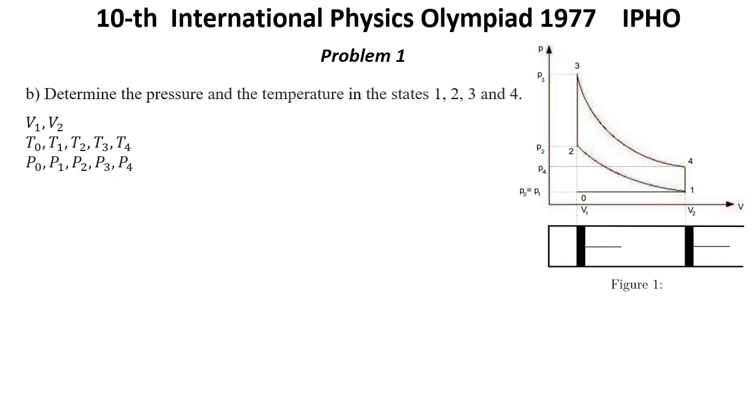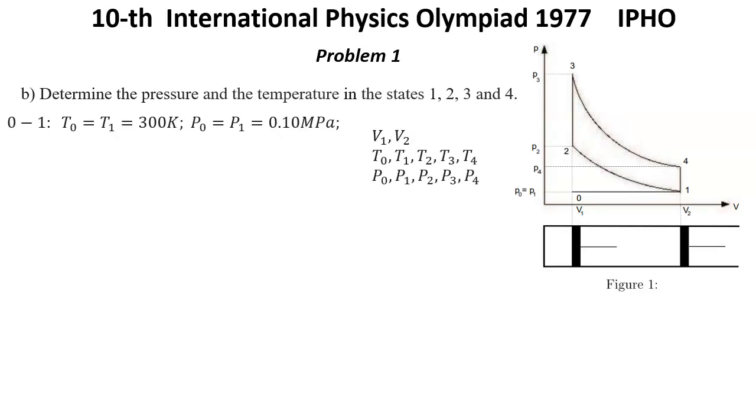The fuel-air mixture is drawn into the cylinder at the temperature T0 equal T1 equal 300 Kelvin and the pressure of P0 equal P1 equal 0.10 megapascal. For the process 1-2, since the compression is very fast, one can suppose the process to be adiabatic.